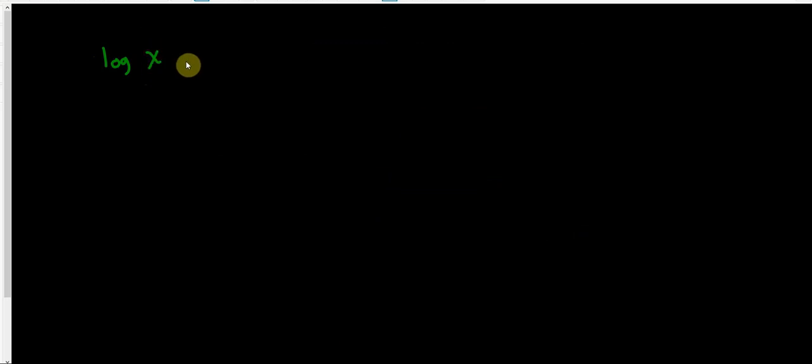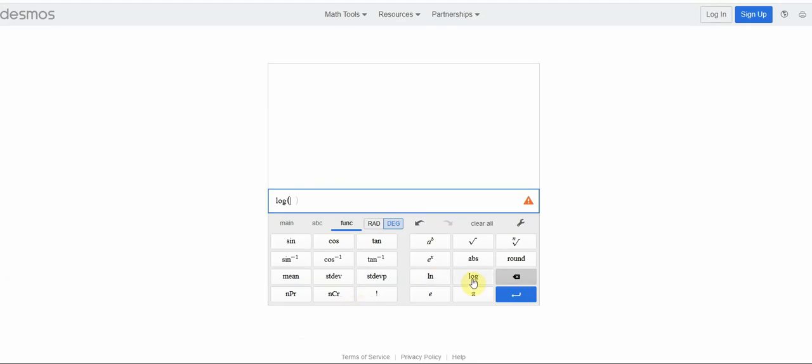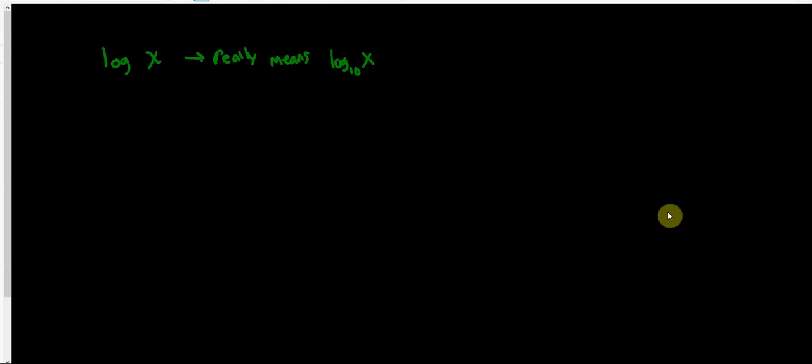Well, this is the common log, and what it really means is log base 10 of whatever we put in there. So whenever you see a log button on a calculator, it won't let me put a base in there, but it's the same thing as log base 10. That's called the common logarithm.